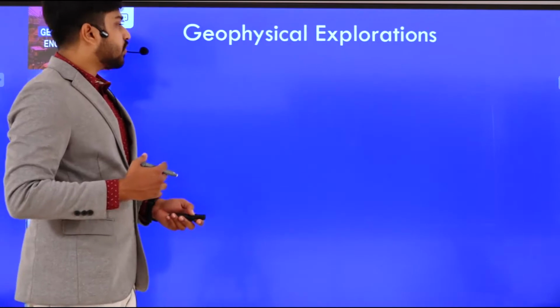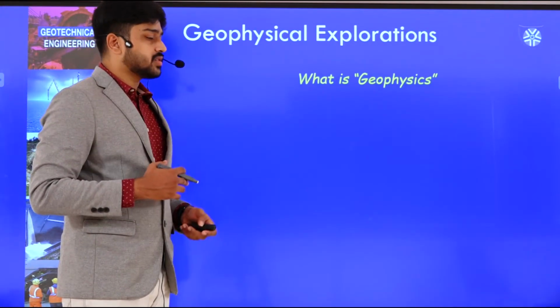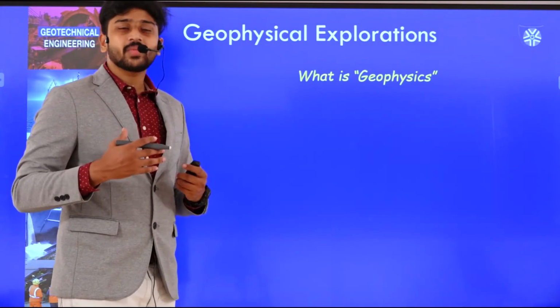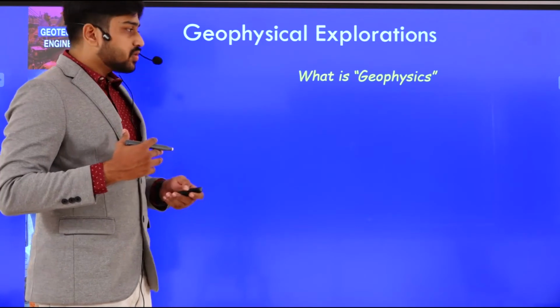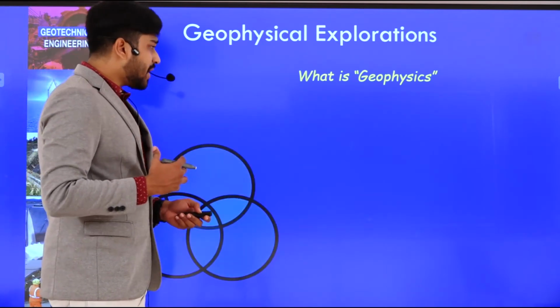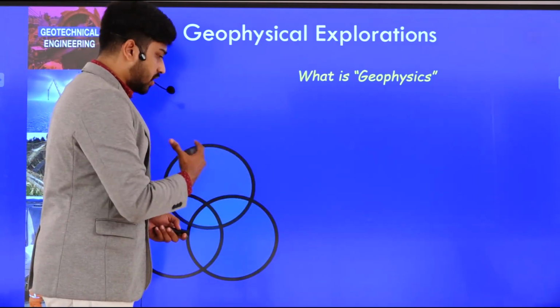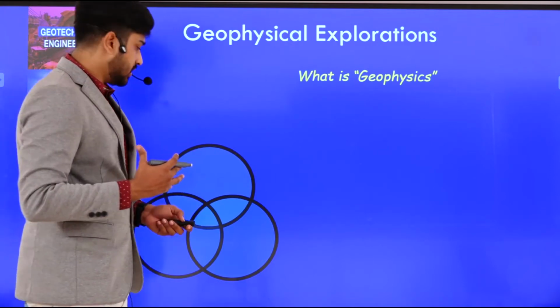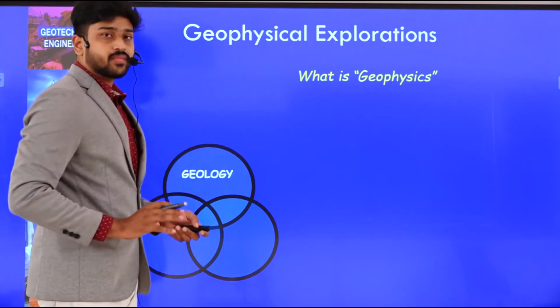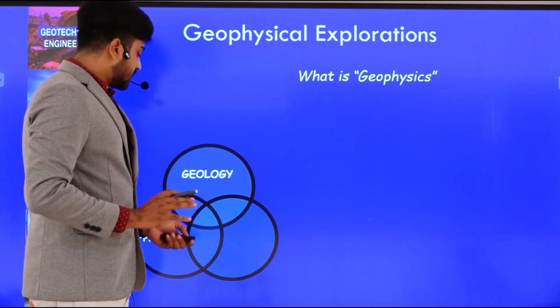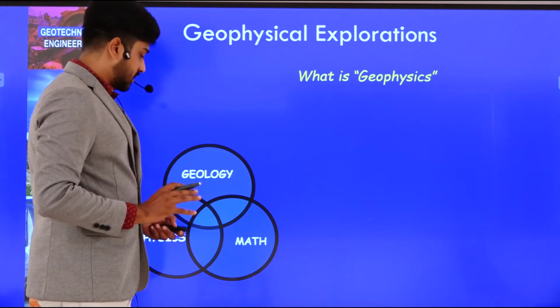So what do we mean by geophysical exploration? In general, what do we mean by geophysics? Imagine this small circular representation: this is geology, and this is mathematics and physics.